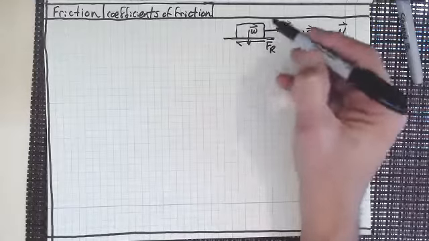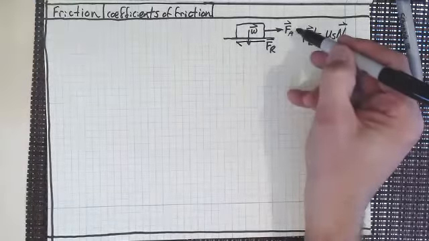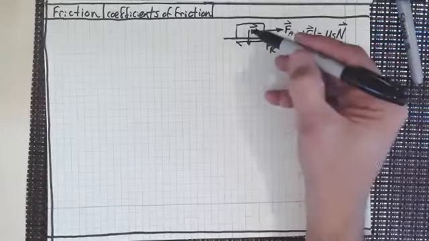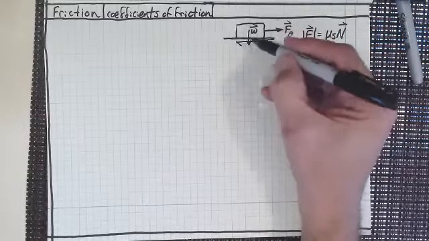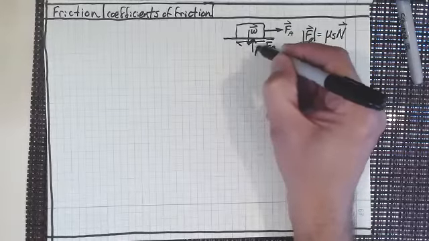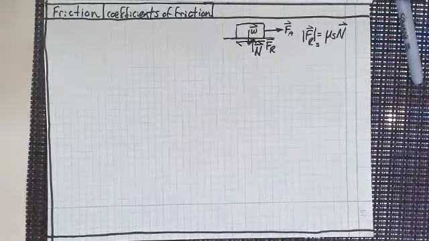If I drew this as a free body diagram, well, if F sub r equals F sub a, that's an equilibrium in the x direction, isn't it? But what's opposing the weight force? Well, there's an equal and opposite force there called the normal force, isn't there?